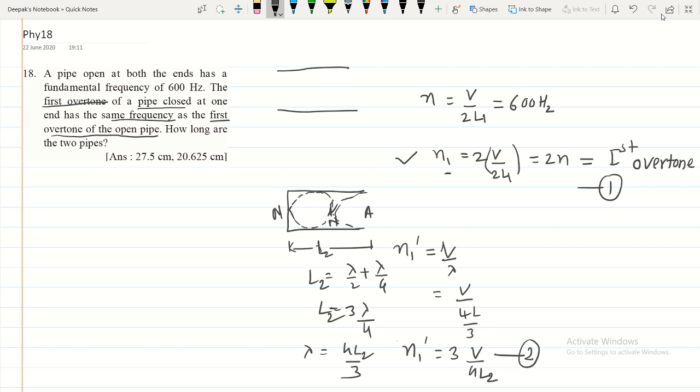If these frequencies are equal, then we can say that N1 will be equal to N1 dash. So what is the value of N1? That is equal to twice V upon twice L1. This 2 will get cancelled, L cancel later. And N1 dash is equal to thrice V upon 4L1, thrice V upon 4L2, right? So this is 4L2.